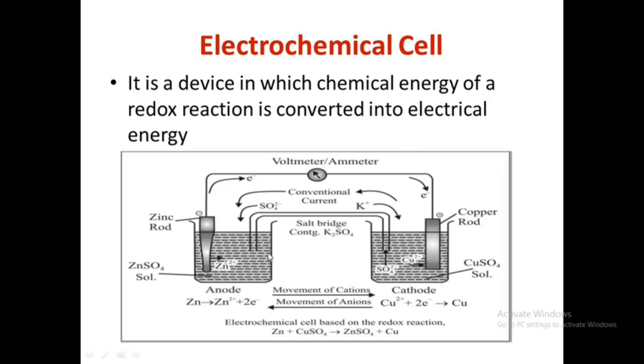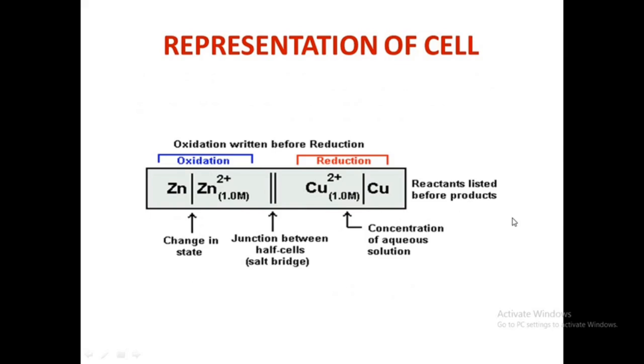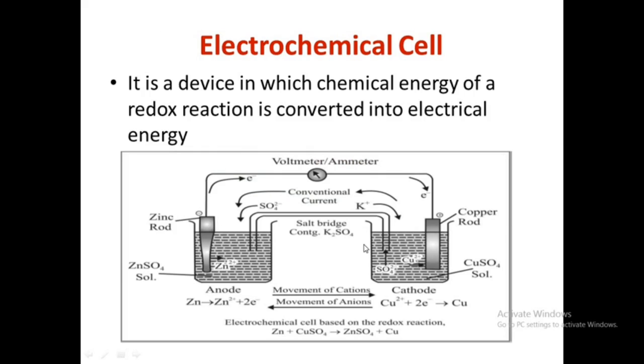So this one is an electrochemical cell, and this cell is known as Daniell cell. So we have learned how an electrochemical cell works. That means in case of the half cell containing zinc, oxidation is occurring, and in case of the half cell containing copper, reduction is occurring.